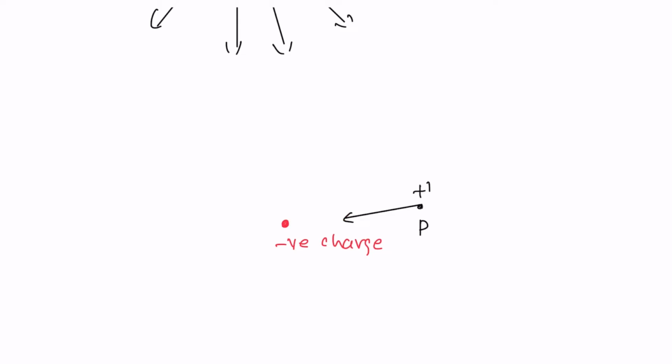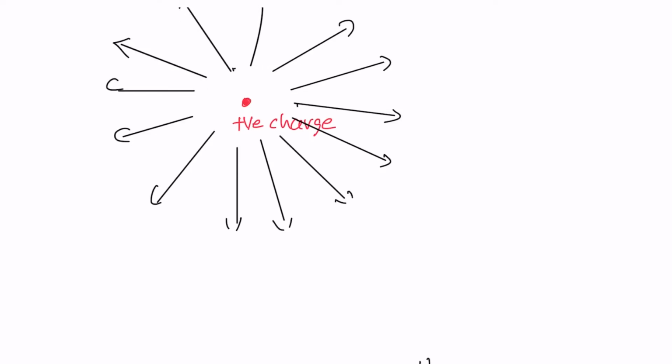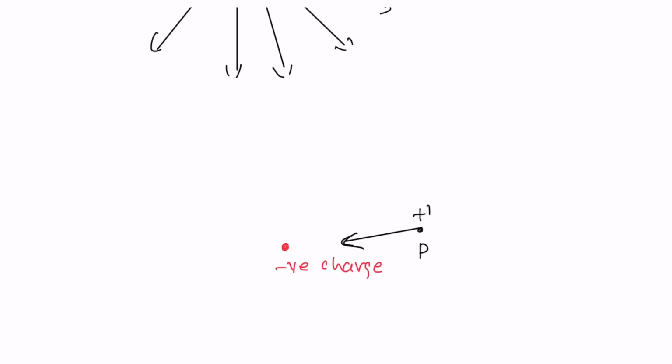So these field lines are inward. For a positive charge the lines are outward, but for a negative charge the field lines are inward. So we draw many vector field lines around the negative charge in space like this.